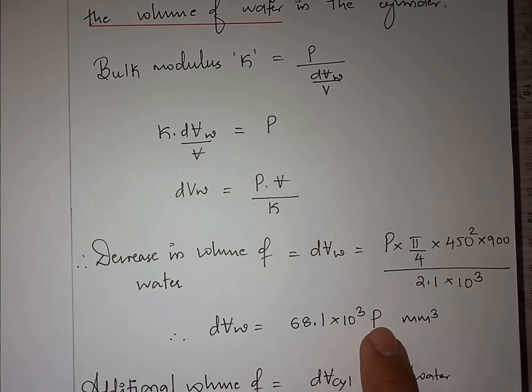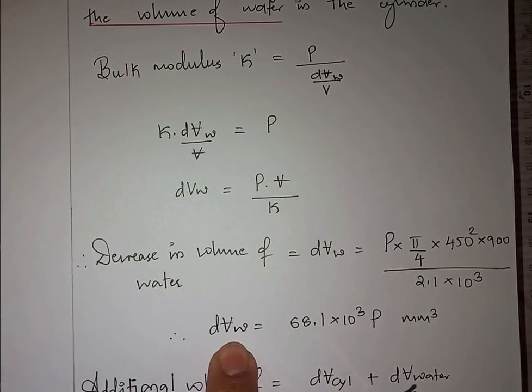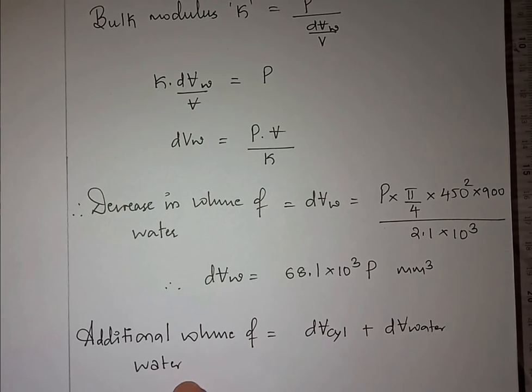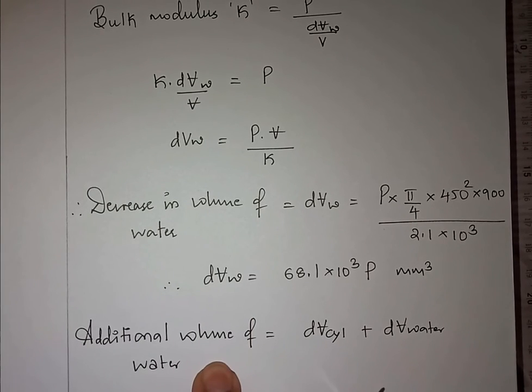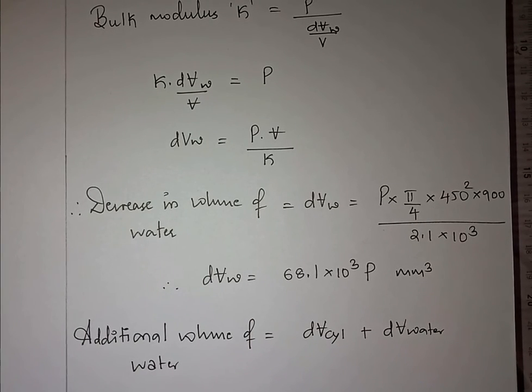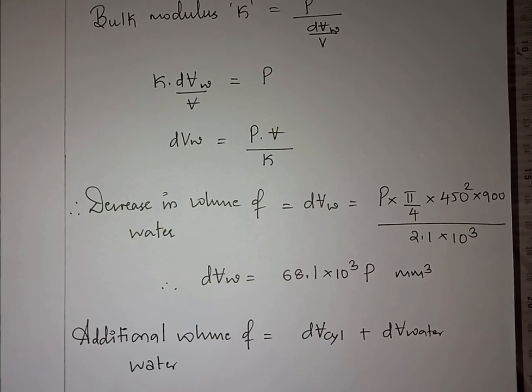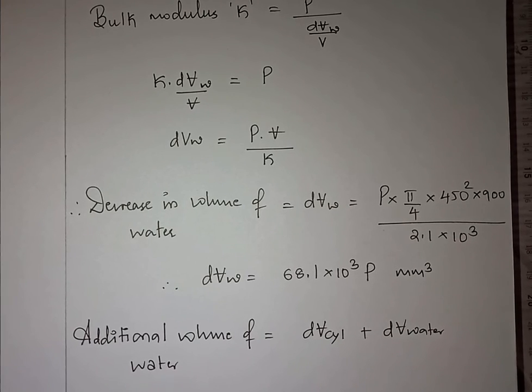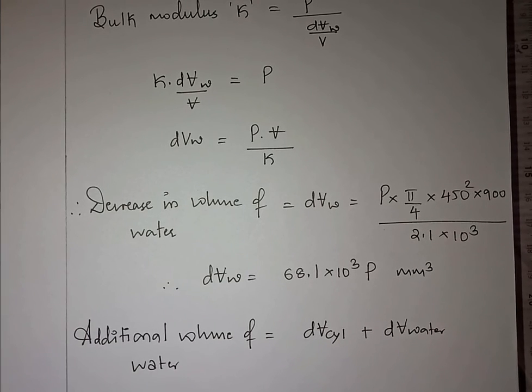The decrease in volume of water I have already written. It has already decreased, so I have not taken a negative sign because I already calculated this. So this point is very important. Unless and until you understand this point, it is very difficult to solve this problem, and that is the reason I told you this problem is very unique. It's a very important one, so you practice it thoroughly.